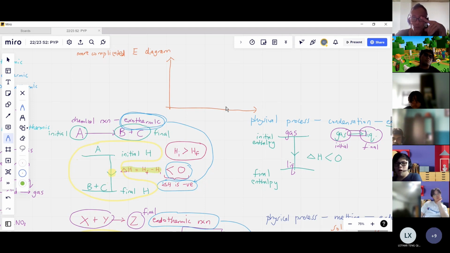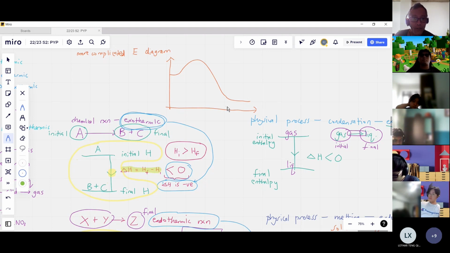It's going to look like this. Remember this. I'm pretty serious. Like I said earlier, I think 90 to 95% this is going to come up.